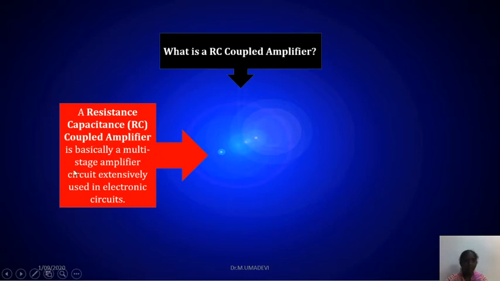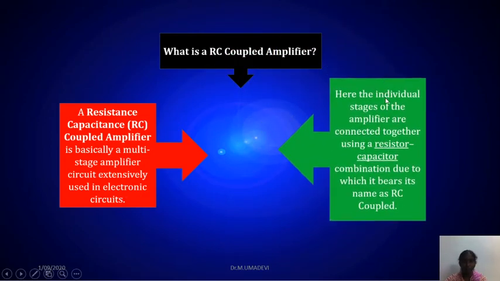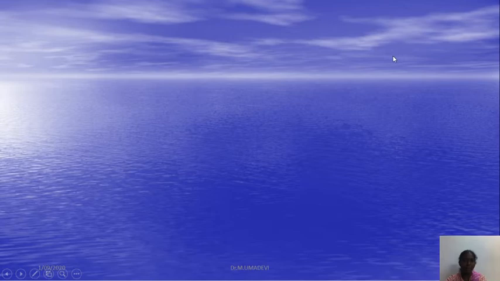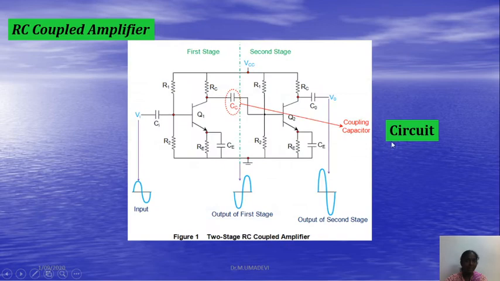It will join the multi-stage amplifier circuit, which is used in electronic circuits. Here the individual stages of amplifiers are connected together by using resistor and capacitor. That's why it got the name RC coupled amplifier. That means it couples the amplifier through R and C. We'll see in detail with the circuit diagram.